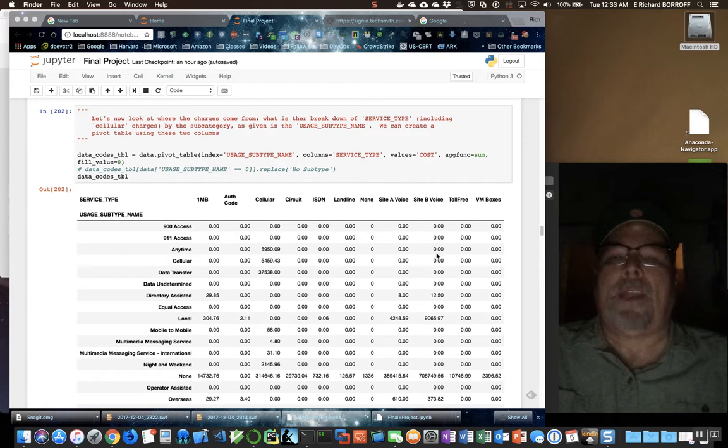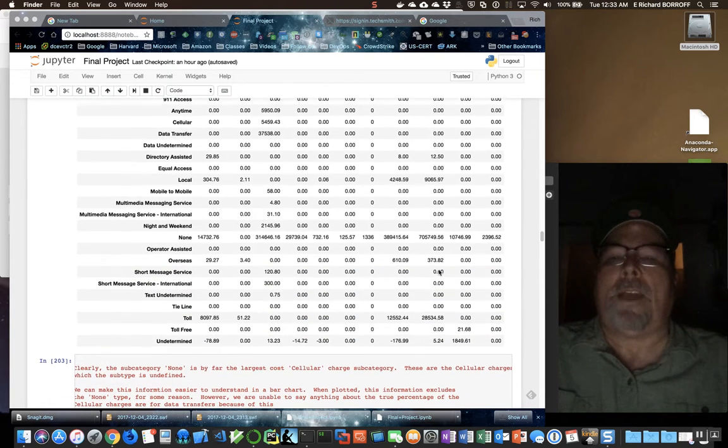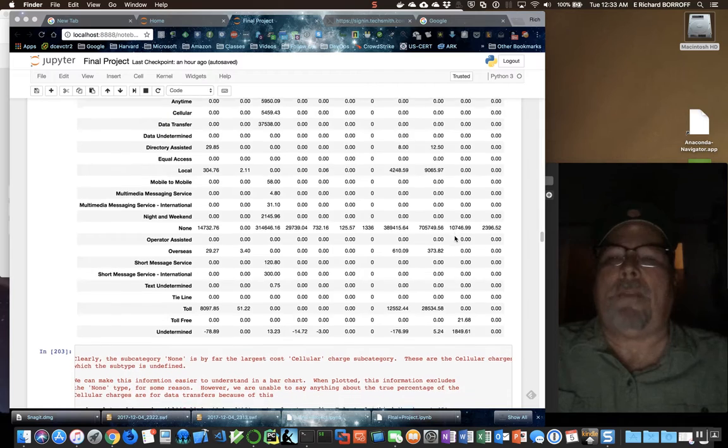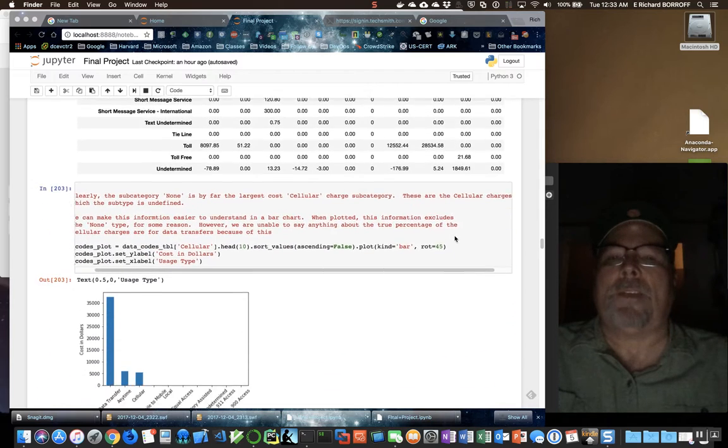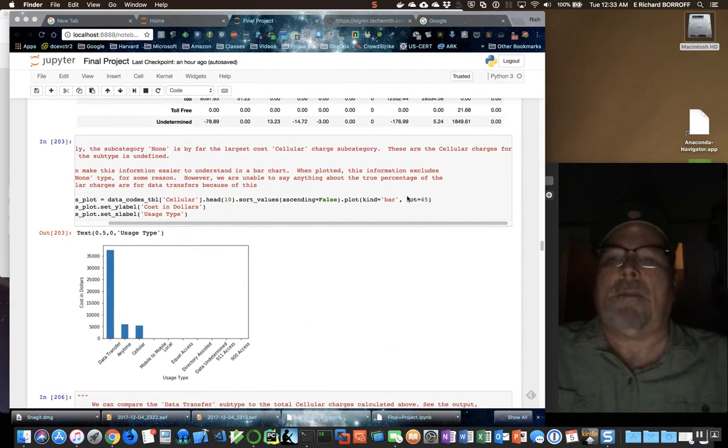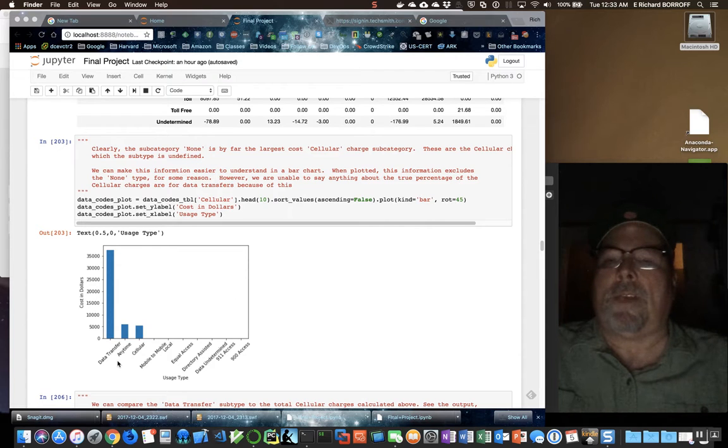Using the pivot table again, I could turn that into a data frame in itself and use my tools against it. Here I was able to look at the major subtypes within the cellular charges and found that, as we saw in the table, data transfer was much larger than regular cellular charges, excluding the unclassified charges.